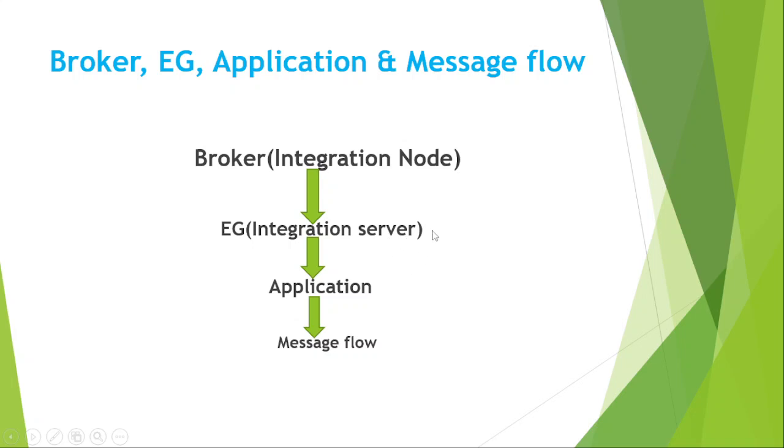That's the reason we categorize applications into different integration servers based on how critical they are. We keep the critical applications in a different integration server, so that if a restart is required, we can do it outside business hours without impacting the business.